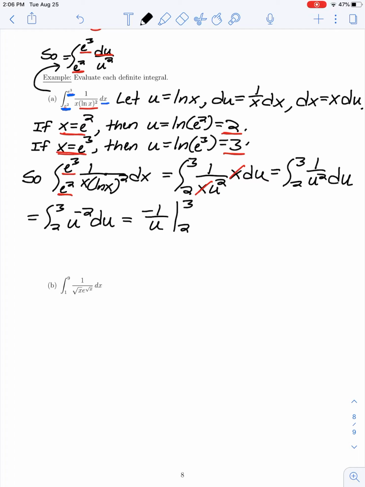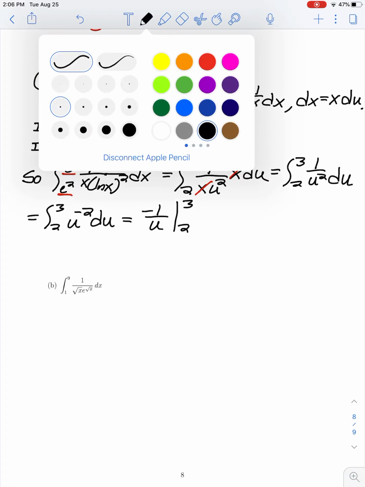Now another comment here. In the cases that we were working with earlier for indefinite integrals, I would substitute my expression for u back into my antiderivative. Now that's not necessary here. Why not?